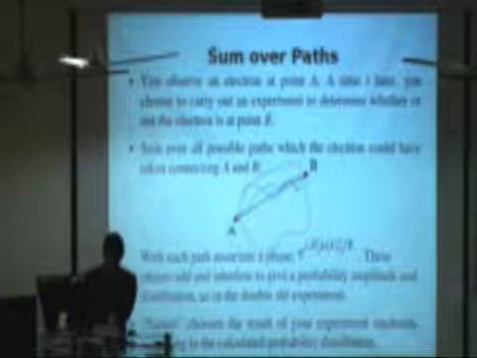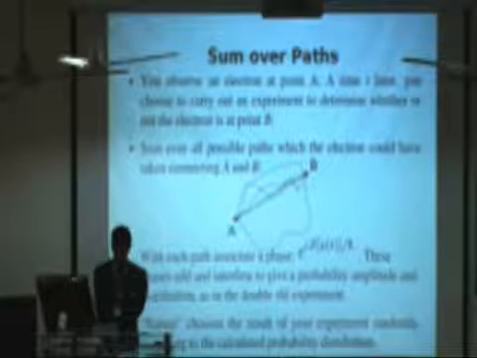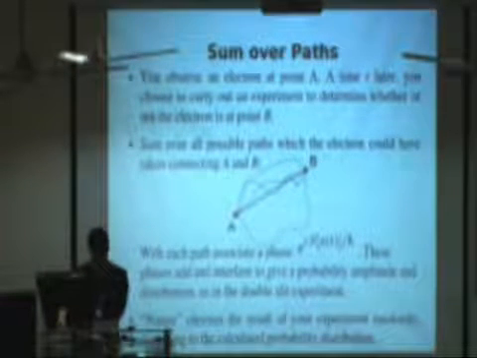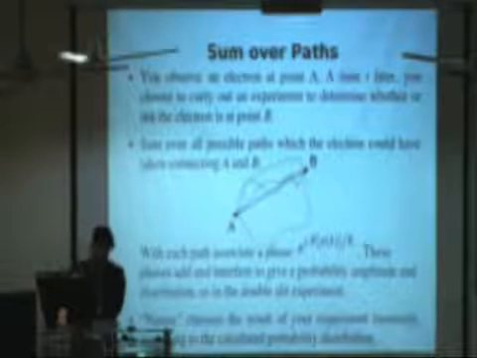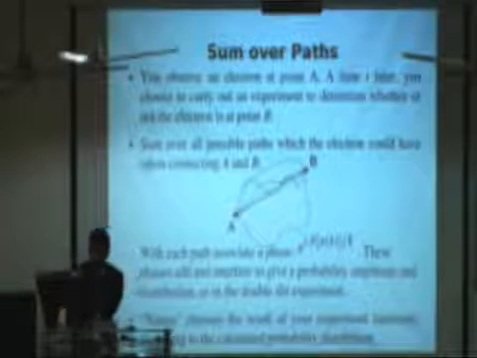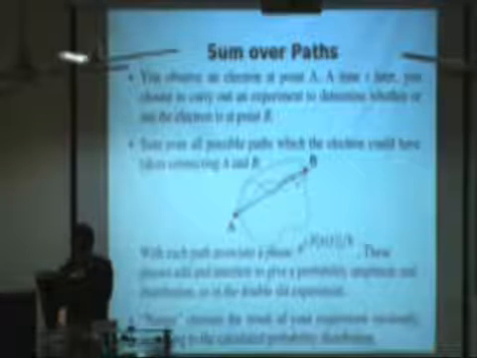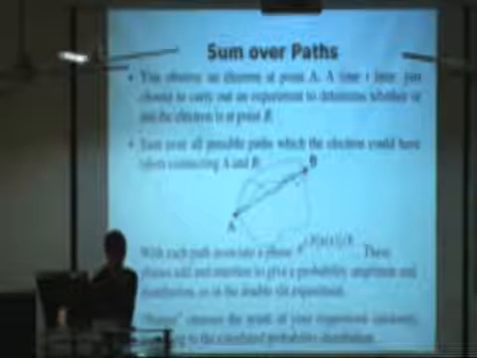Finally, nature chooses the result of your experiment randomly according to the calculated probability distribution. So quantum mechanics tells you how to calculate probability amplitudes, but you have to first tell quantum mechanics what probability amplitudes you want to calculate, by choosing what you want to observe.